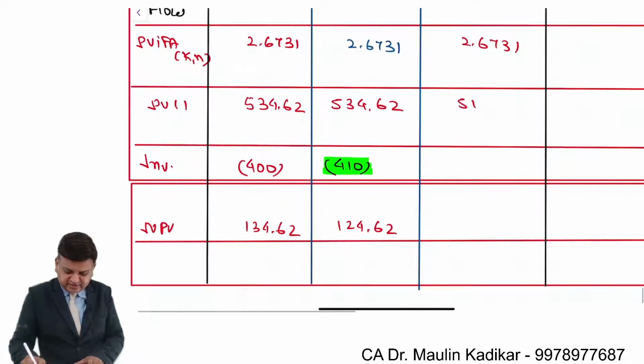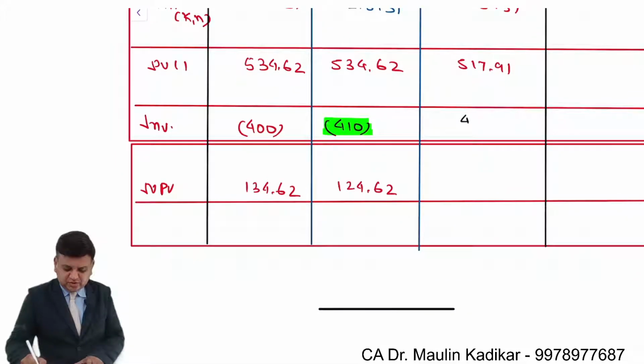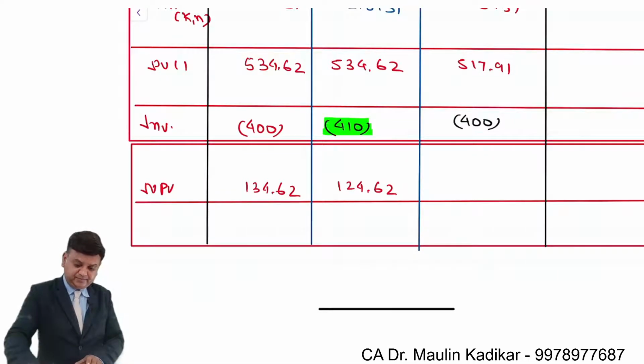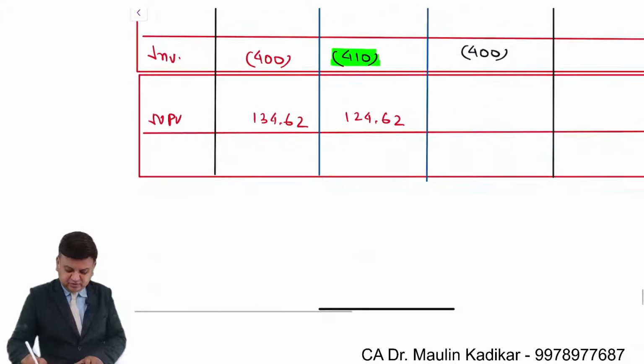So 517.91. Amount of investment will continue to remain 400 now. So be careful, friends. So NPV will be 117.91 crore.